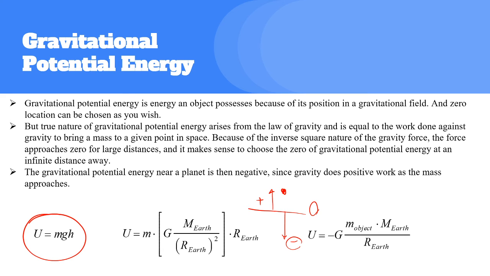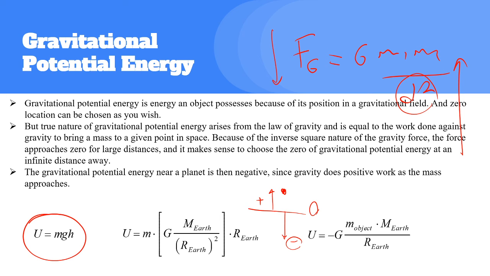reference point. But the true nature of the gravitational potential energy arises from the law of gravity and is equal to the work done against gravity to bring the mass to a given point in space. And because of the inverse square nature, once we think about gravity being equal to G m1 m2 over distance squared, as this distance goes higher and higher, this force is getting less and less.